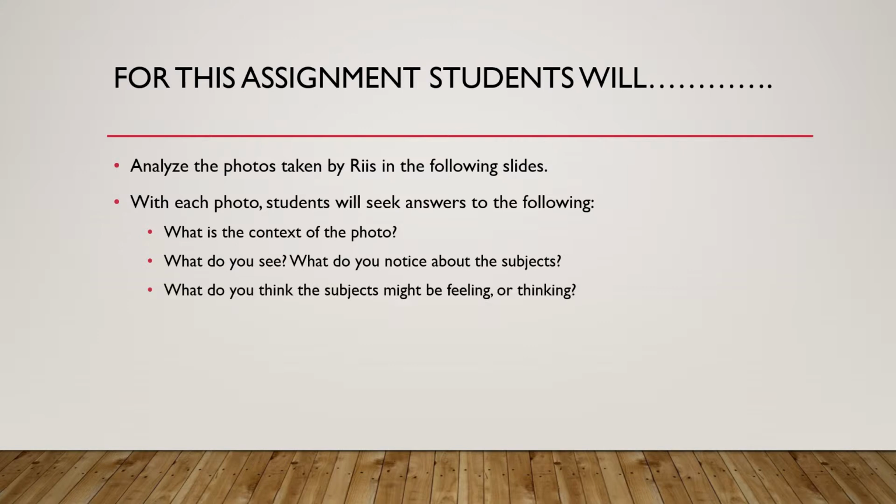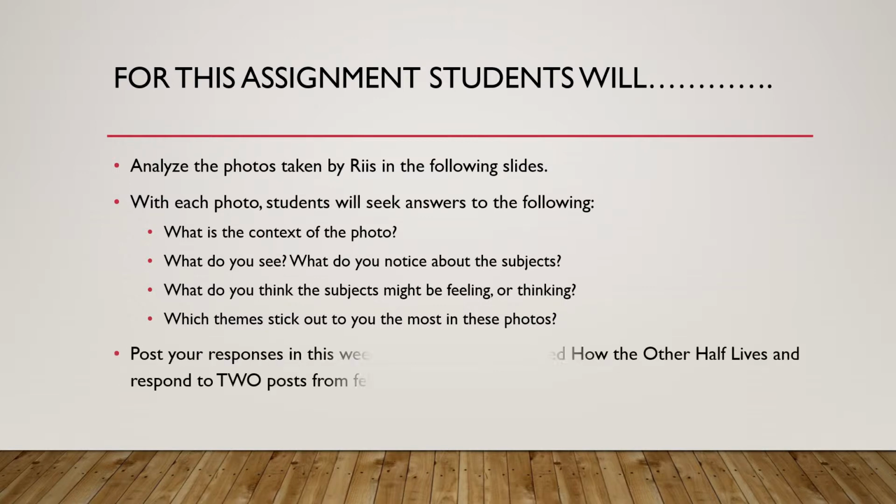What do you think the subjects might be feeling or even thinking? Which themes or theme stick out to you the most throughout these photos? And finally, post your responses in this week's discussion forum titled How the Other Half Lives, and respond to 2 posts from your fellow students.